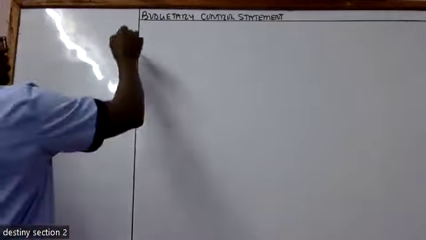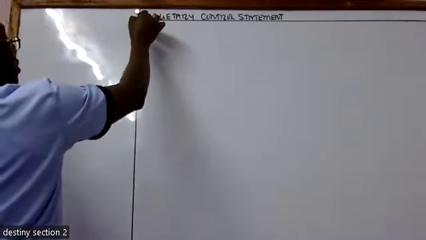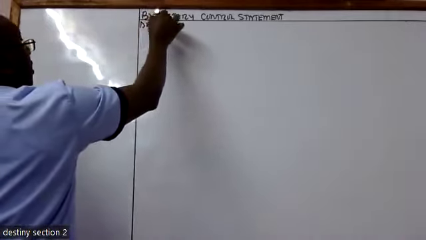In the budgetary control statement, we have a column called details here.